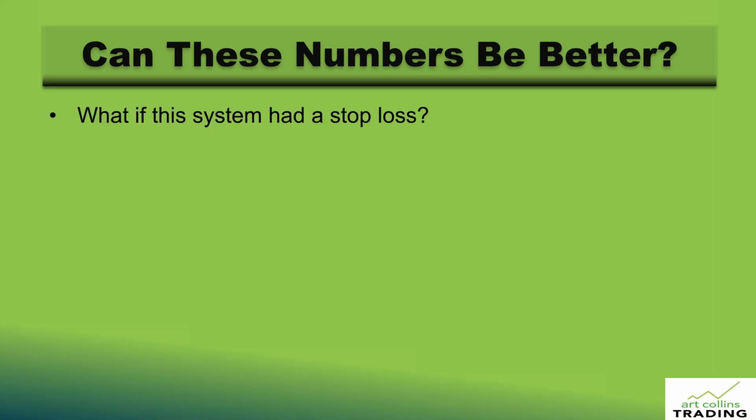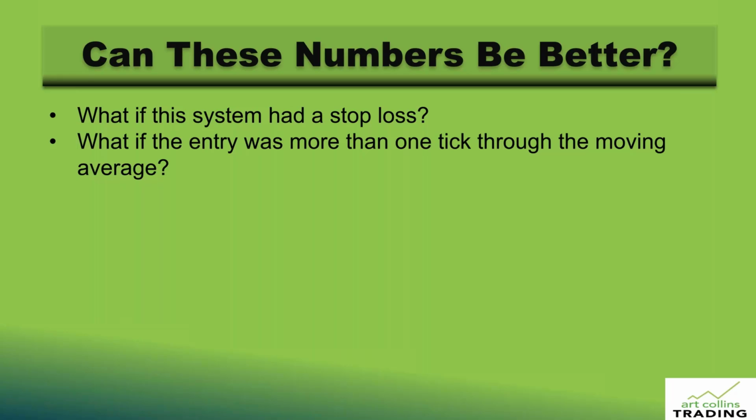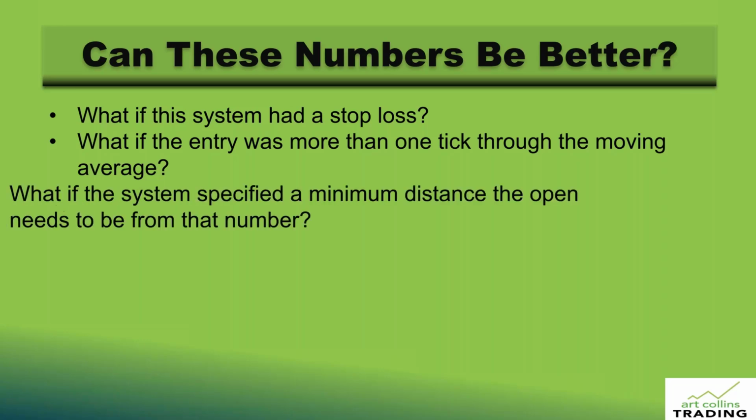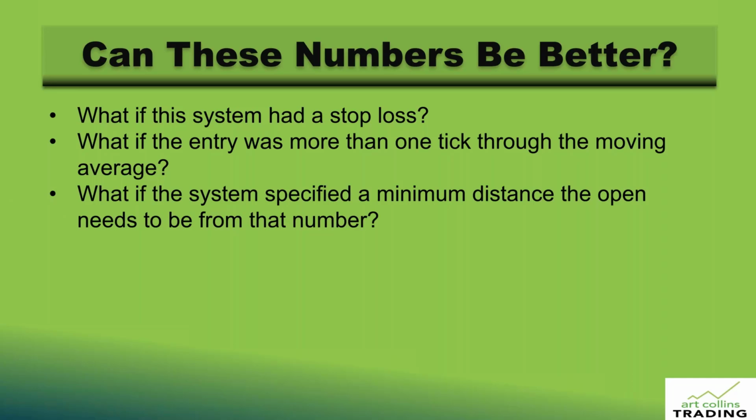Can these numbers be better? What if the system had a stop loss? Okay, I can tell you that on this particular system, stop losses do improve it. What if the entry was more than 1 tick through the moving average? 5 ticks, 10, whatever, through an optimization study, we might find better results that way.